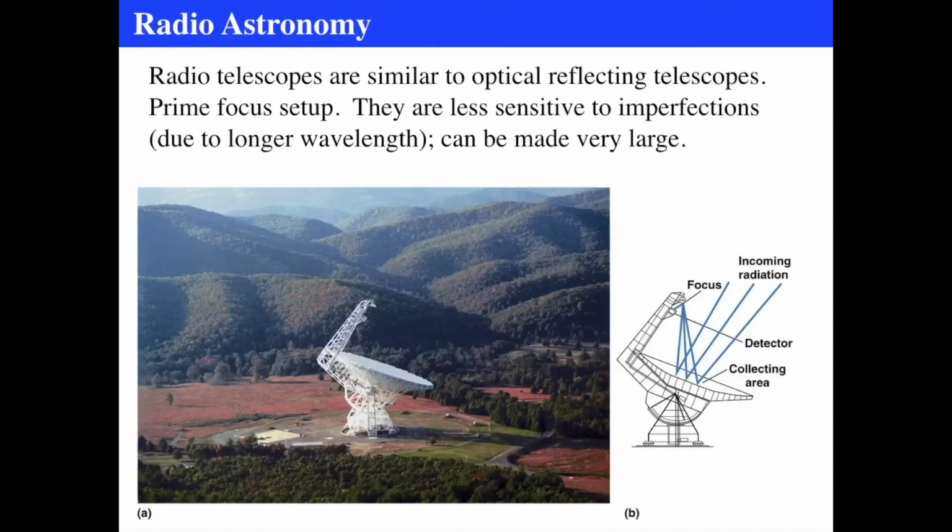All right, so radio telescopes are similar to optical telescopes. They have a prime focus setup, meaning the light gets reflected and it's received at the prime focus. Because the wavelengths of radio telescopes are longer, you don't have to worry so much about the imperfections on the surface of the scope itself, because typically the wavelengths are longer than the imperfections on the telescope.